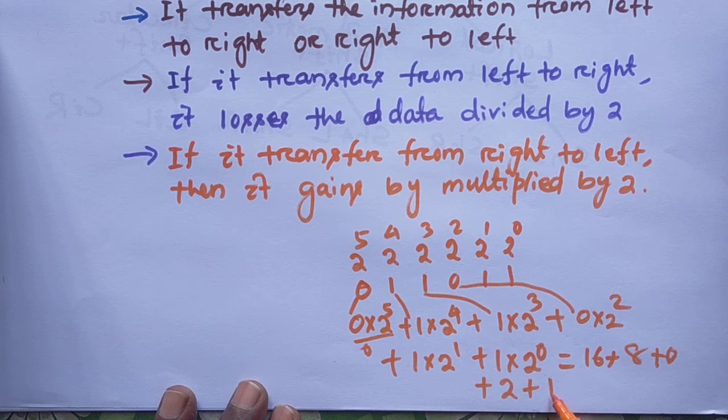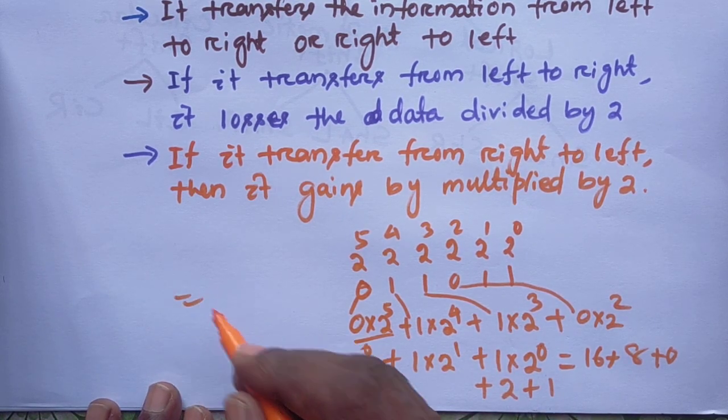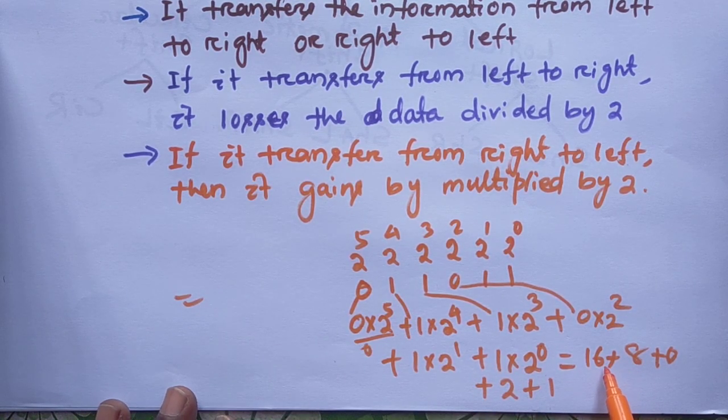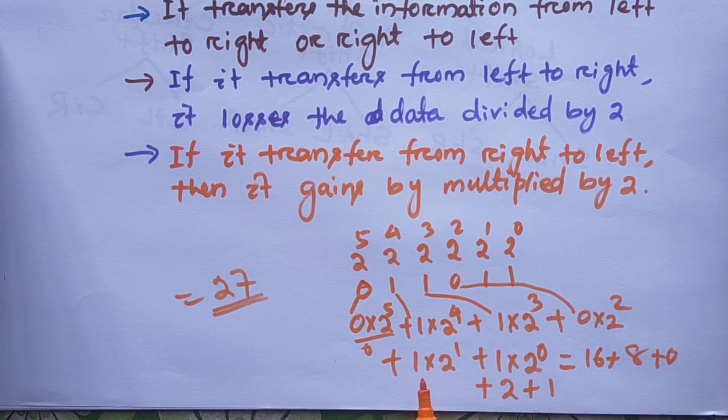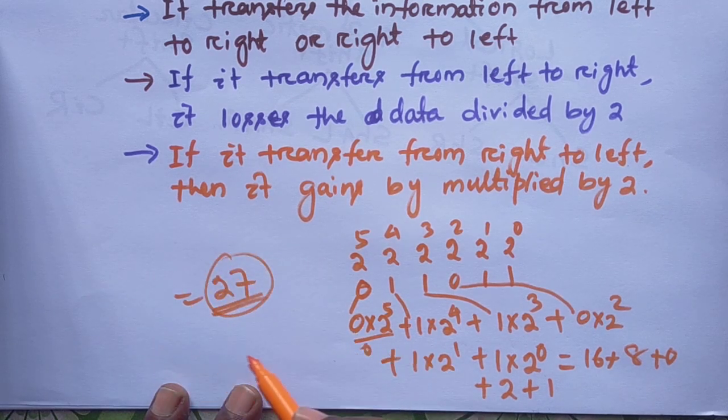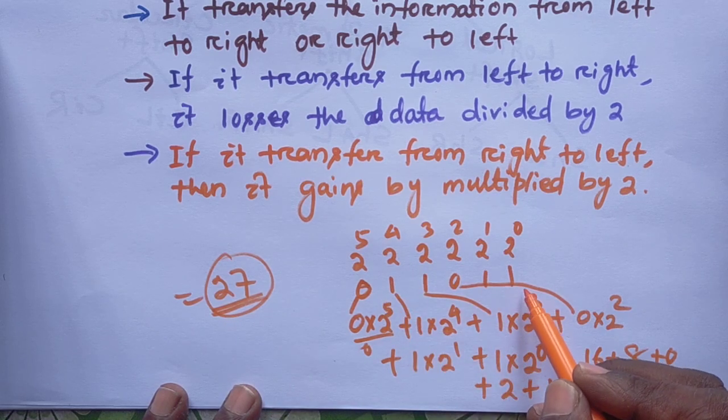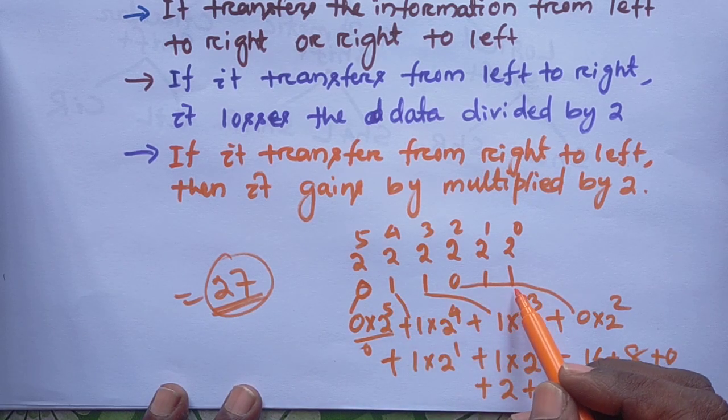So what is the total? 16 plus 8 is 24, plus 2 plus 1 is 27. That means 27 is the decimal number, and when converted to binary, it is defined in this way.